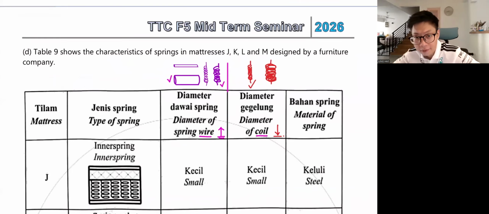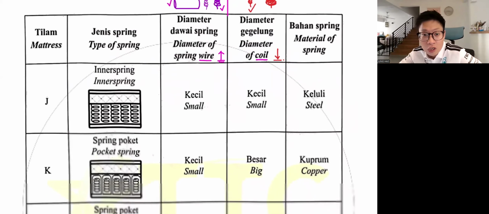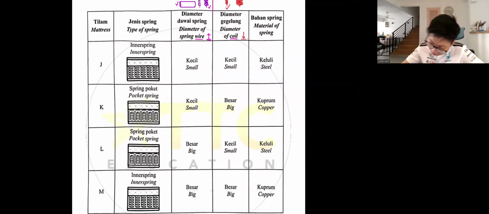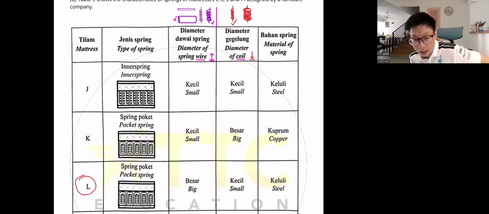Therefore you must say which one, because they are opposite. So finally, if I want big wire and small coil, my answer is obviously L. So the answer is pocket spring. Not spring pocket, pocket spring.